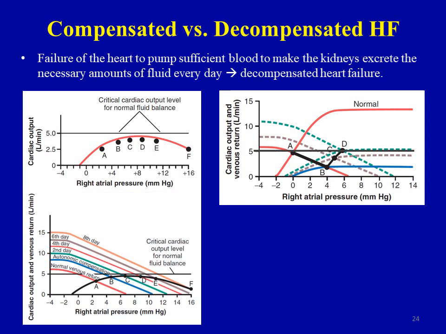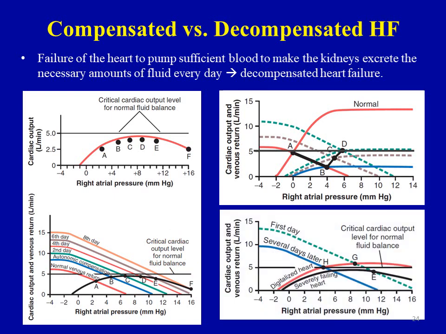So this is how the decompensated heart failure will develop after several days, because cardiac output failed to reach the target critical cardiac output level for the normal fluid balance, or to stop the renal retention from being harmful. Again, here in the curve we can see this is decompensated heart failure, and this is compensated heart failure helped with a digitalis drug.